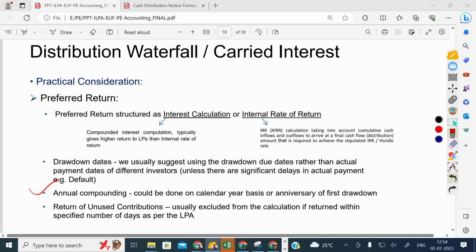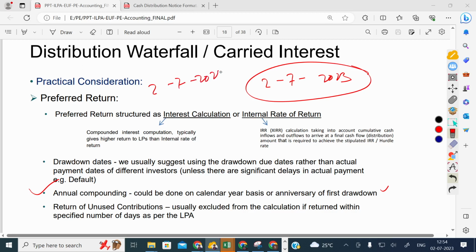Annual compounding could be done on a calendar year basis or anniversary of the first drawdown. Compounding means when you can compound the preferred return of 8%. When we say anniversary, let's say last year we received a payment on 2/7/2022.